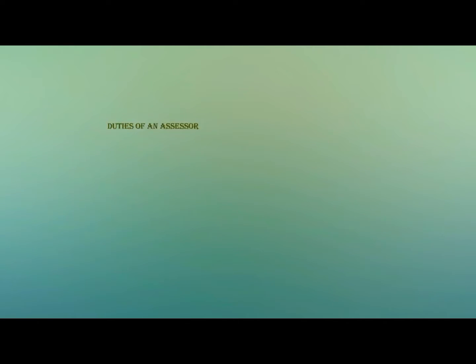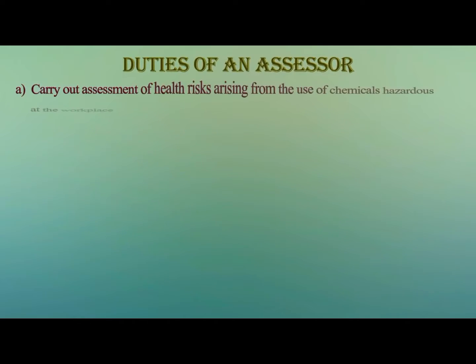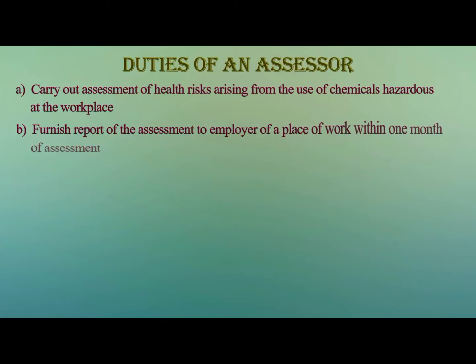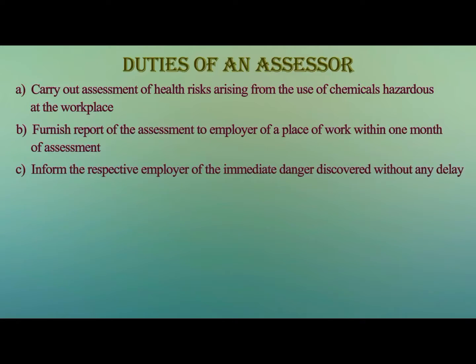The third part is about duties of an assessor. A. To carry out assessment of health risks arising from the use of chemical hazards at the workplace. B. To furnish a report of the assessment to employer of a place of work within 1 month of assessment. C. To inform the respective employer of the immediate danger discovered without any delay.